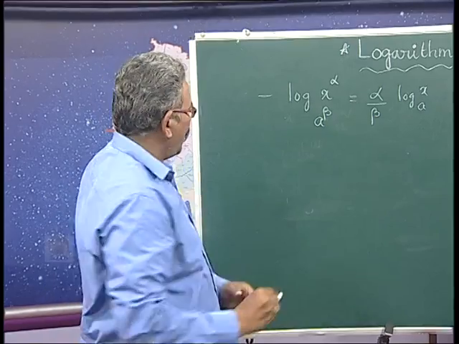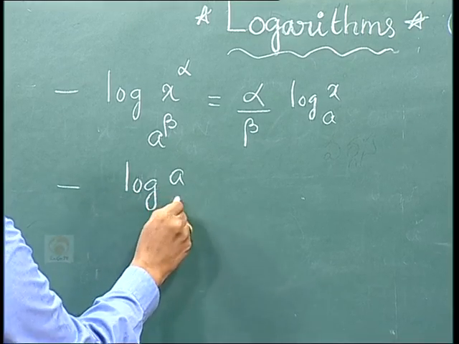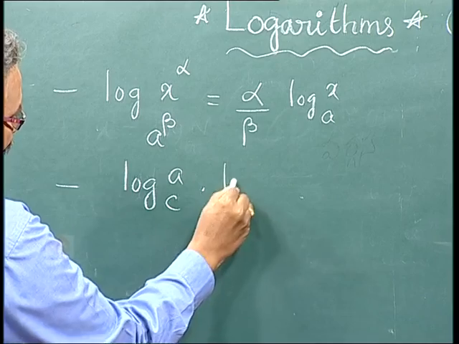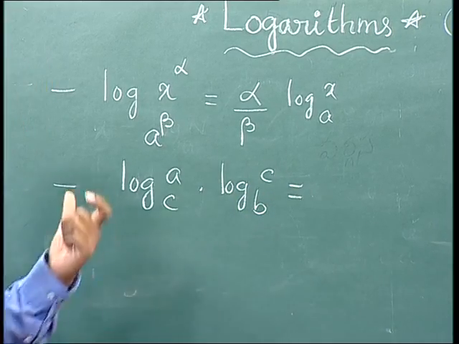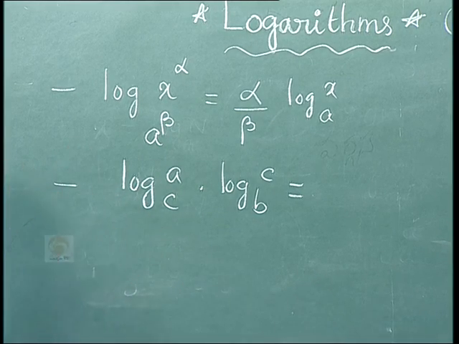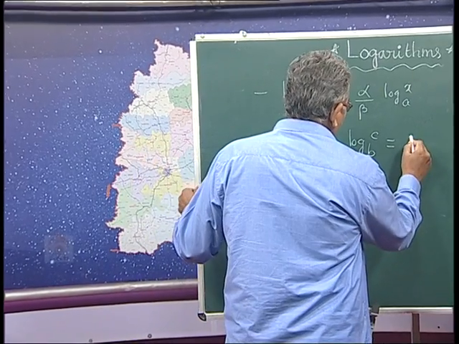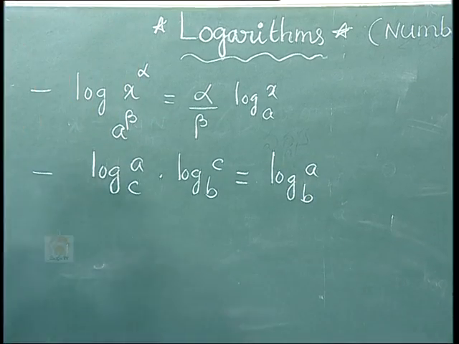Now one more: log a base c multiplied by log c to the base b. What is the value of this? In general, this is called the change of base rule. This can be written as log a to the base b.